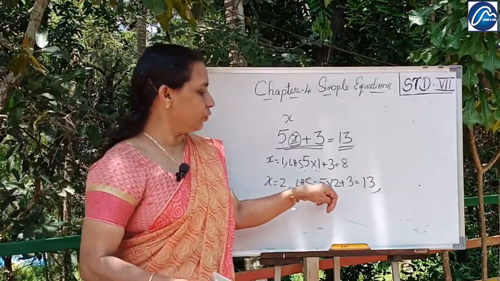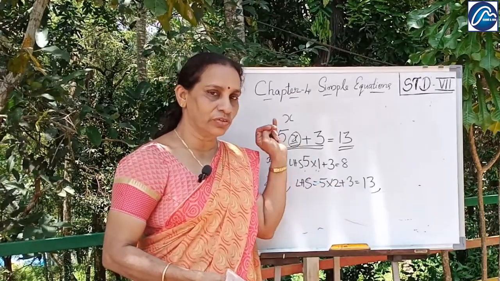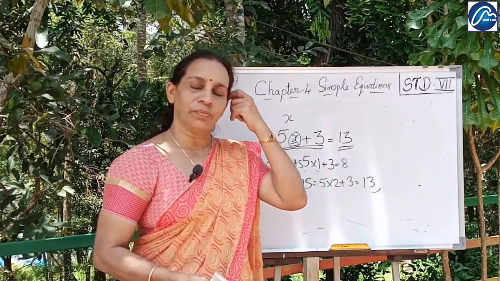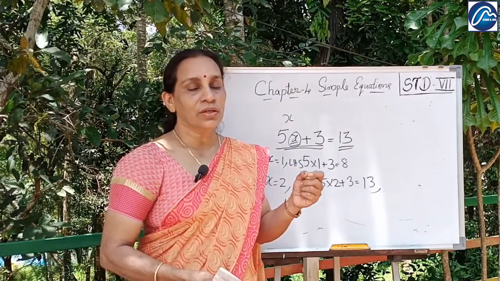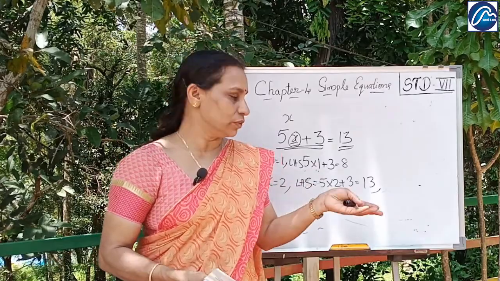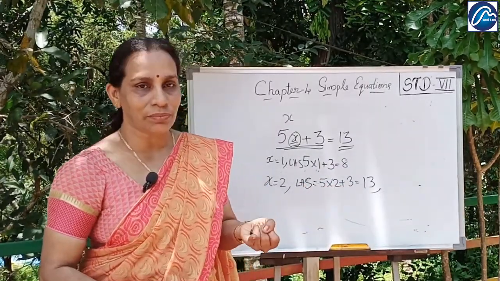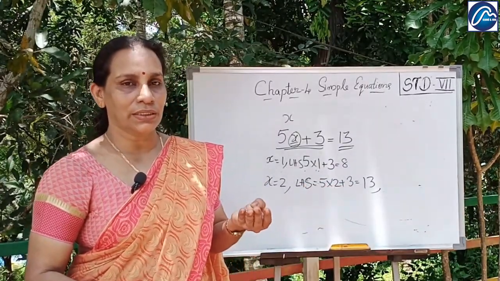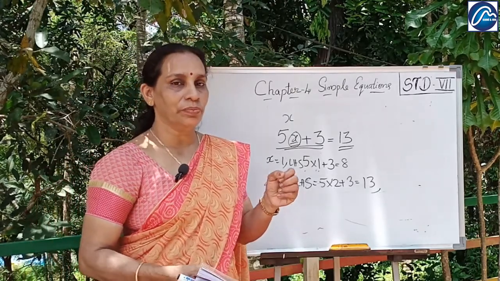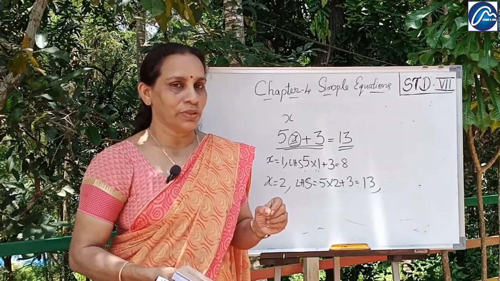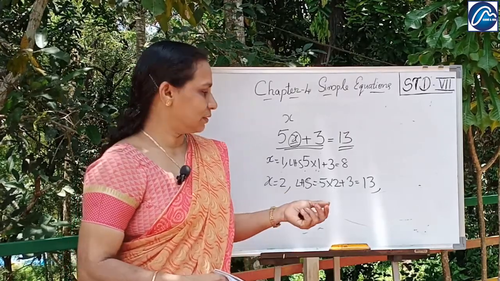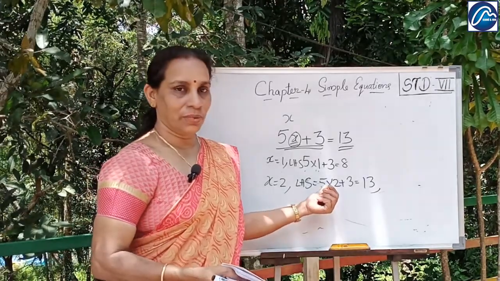While you are doing this, one thing you have to keep in mind is that you have to follow BODMAS. That means there is an order in which to do the operations: division, multiplication, then addition and subtraction. So first we did multiplication.